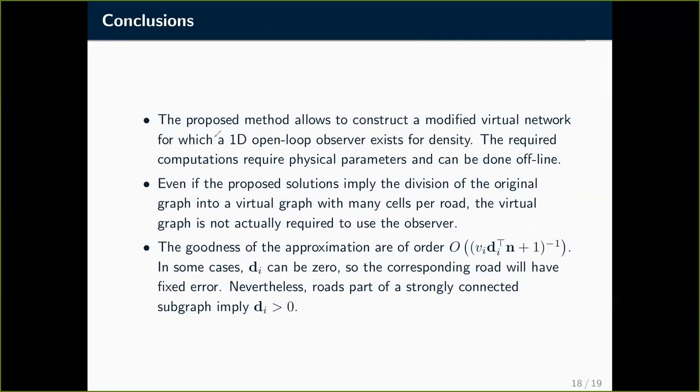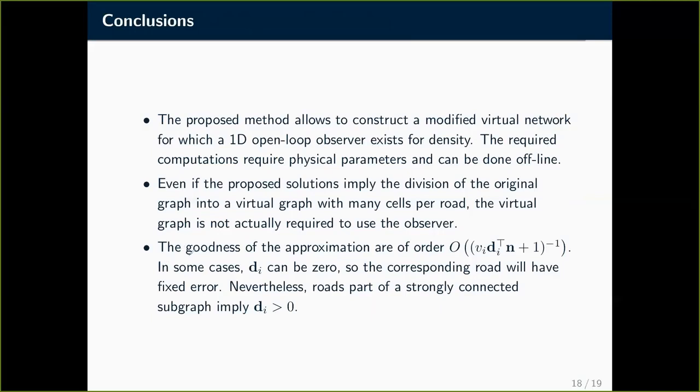Second, even if the proposed solution implies dividing the original graph into a virtual representation with many cells per road, this graph is not actually required for the observer. We do not need to find the transition matrix, and we do not need to find the entire representation. We just need to know the vector n and the vector delta.